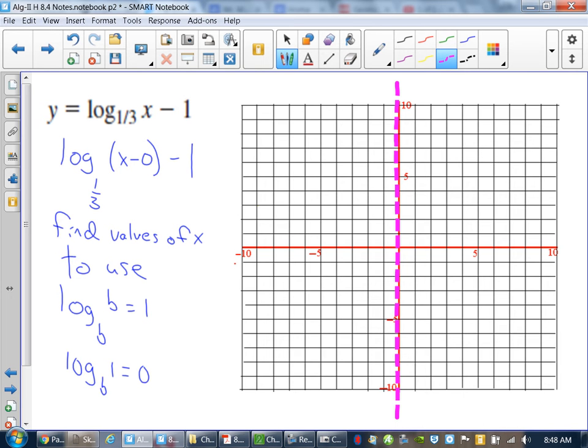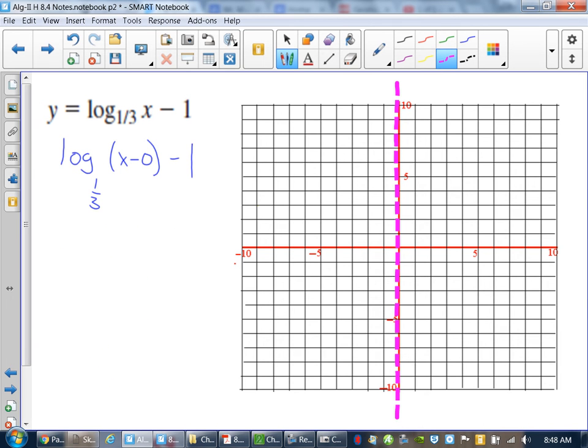If you think about it, you're just using the base. What's the base of this log? 1/3. So what would be log base 1/3 of 1/3? 1. So what you're doing here is using the properties of log bases to generate your ordered pairs to substitute in.